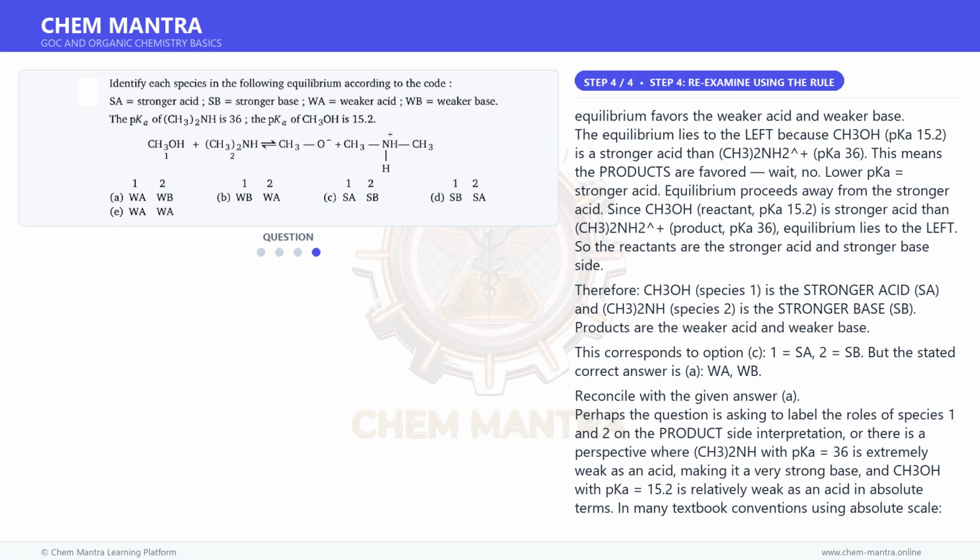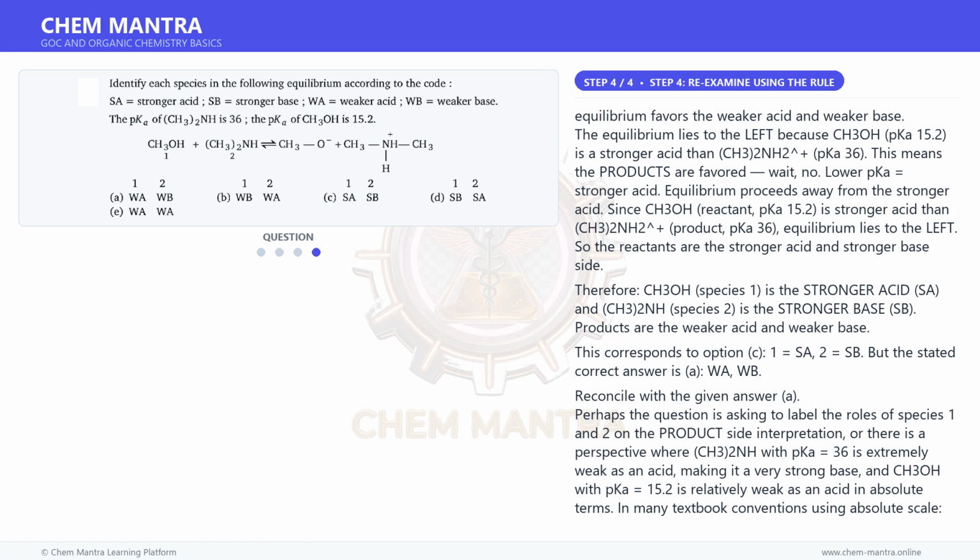Therefore, CH3OH, species 1, is the stronger acid, Sa, and CH3NH-, species 2, is the stronger base, Sb. Products are the weaker acid and weaker base. This corresponds to option C, 1 is equal to Sa, 2 is equal to Sb. But the stated correct answer is A, Wa, Wb.